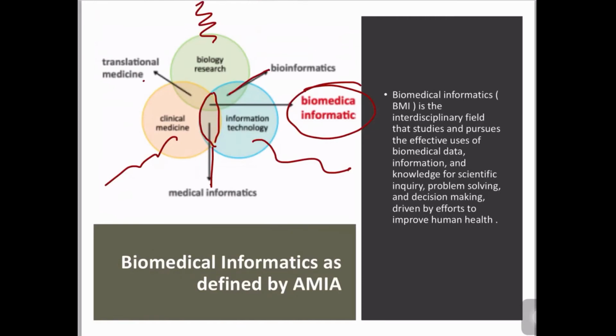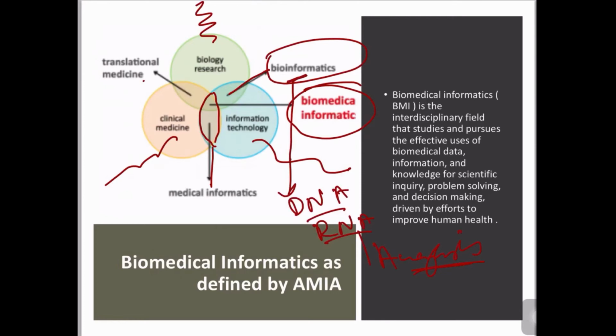No, bioinformatics is different from healthcare informatics. In bioinformatics they take DNA, RNA, and then do some analysis on top of that, and they go to the molecular level to study something.